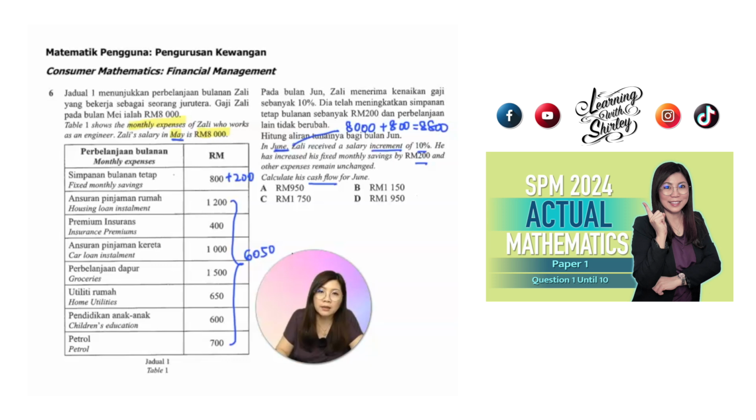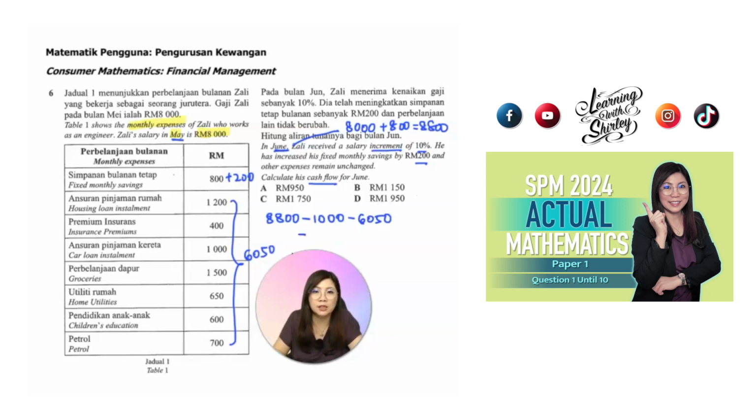So we're going to use 8,800, okay? I'm going to minus off the savings because he's going to deduct 1,000 and put it inside the bank as savings. So 1,000, and then you have to minus all the expenses: housing loan, premiums, car loan installment, groceries, and so on. So total 6,050 for the expenses.